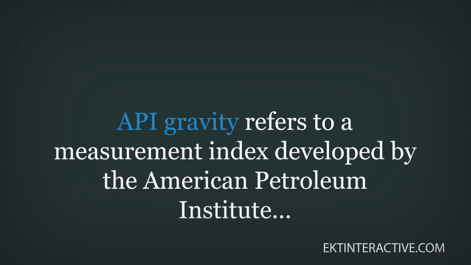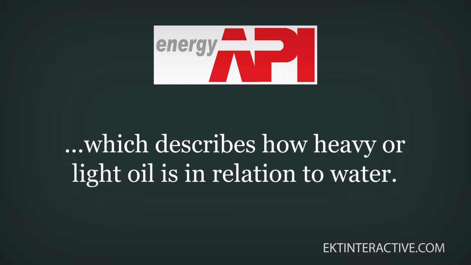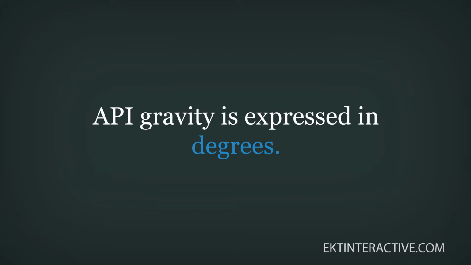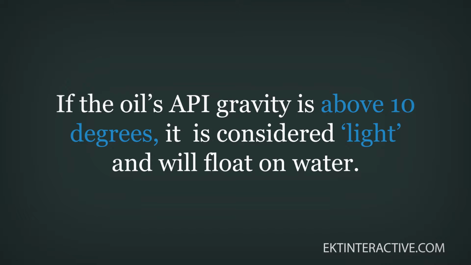API gravity refers to a measurement index developed by the American Petroleum Institute, which describes how heavy or light oil is in relation to water. API gravity is expressed in degrees. The API gravity of water is 10 degrees. If the oil's API gravity is above 10 degrees, it is considered light and will float on water.